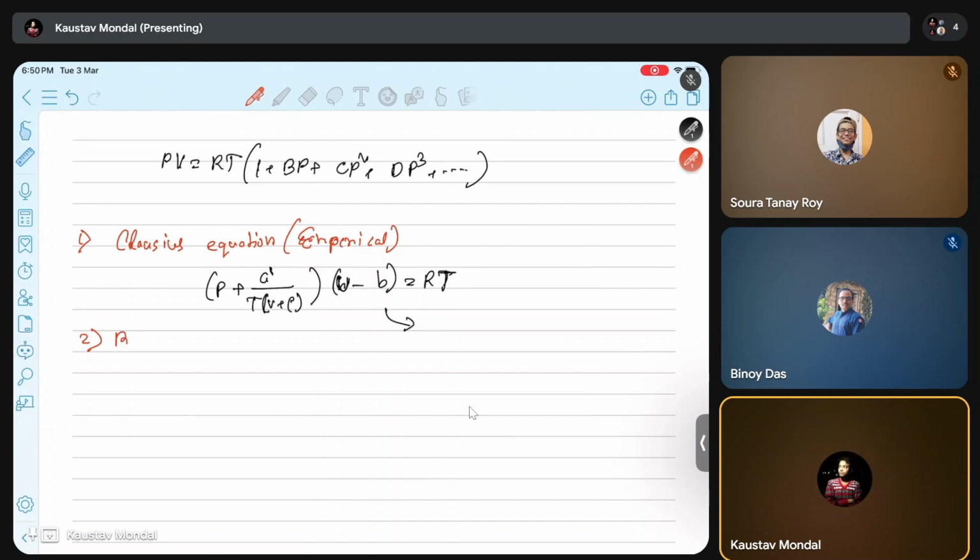Next is the Berthelot equation. This is also empirical.